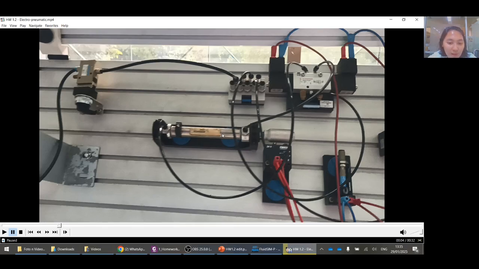This is the double acting cylinder. And for this experiment, we do not use limit switches for all of them. There are only 2 limit switches, and the other 2 sensors are capacitive sensors because there are no more limit switches for the sensors.